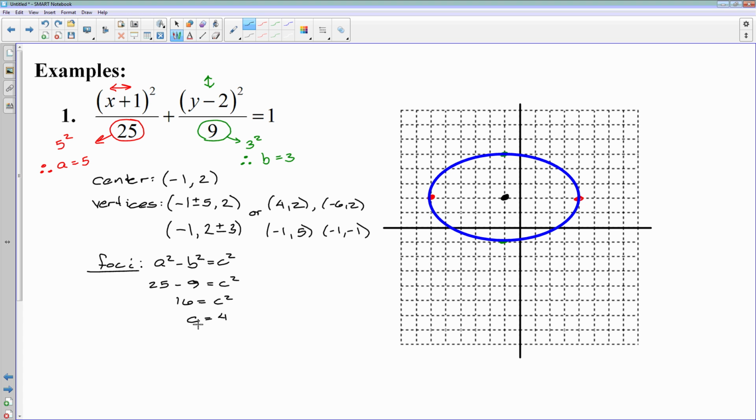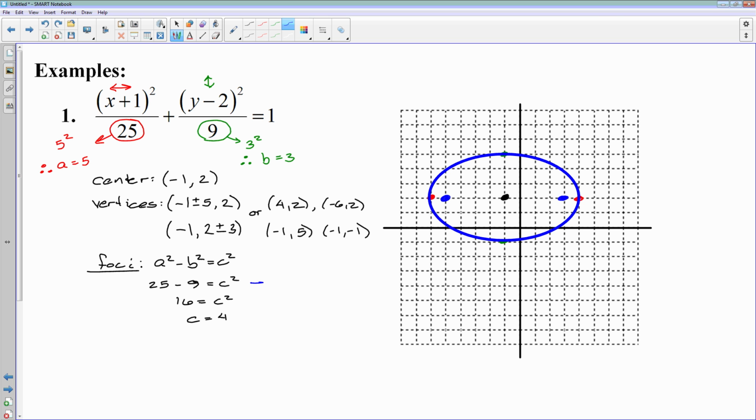Now that doesn't tell me what my focus is. C helps me get to the focus, and that means from my center, my ellipse is going left and right, so from my center, I need to go left 4, there's one focus, and I need to go right 1, 2, 3, 4, there's another focus.